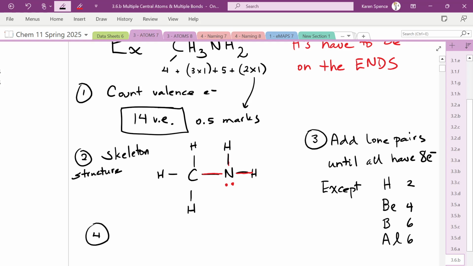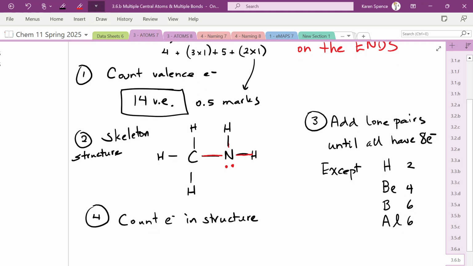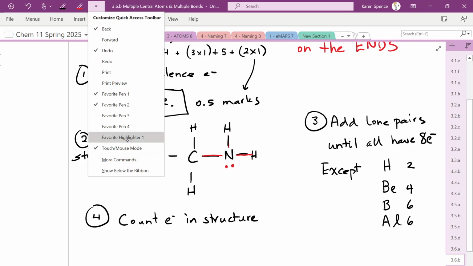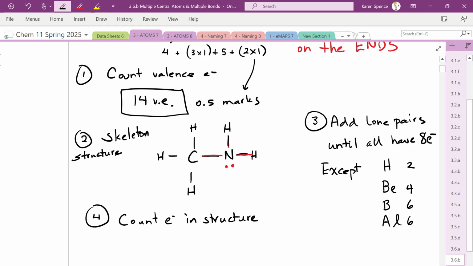Step number 4. We're going to count electrons in the structure. So let's do that. Why don't you count the electrons in the structure and you can compare to what I get.